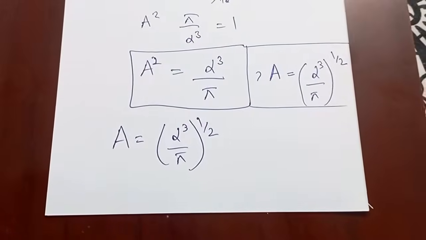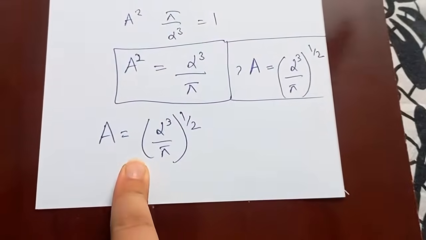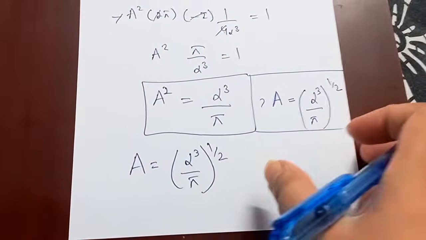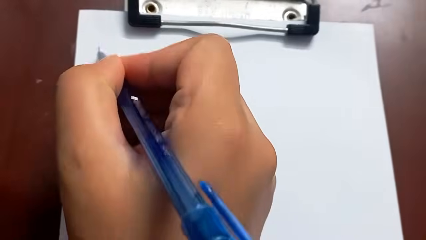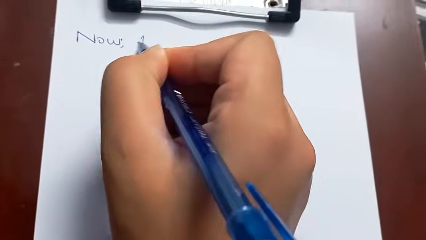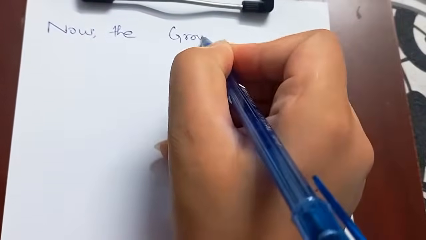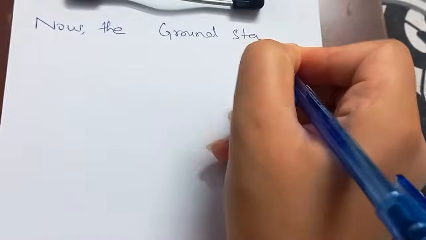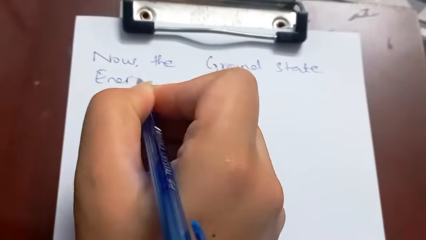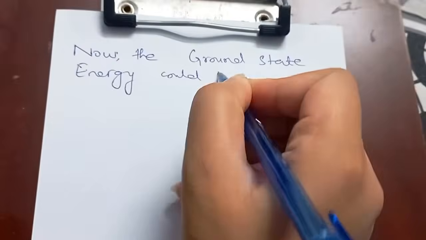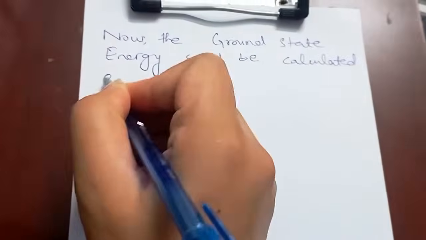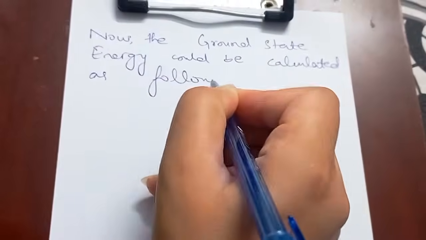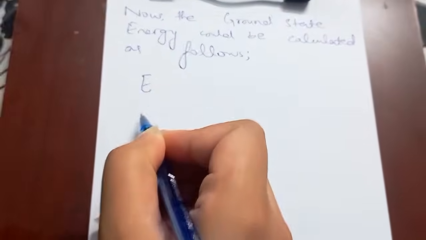And since we have calculated the normalization constant, now we can actually start the major process, which is the energy calculation process. And now the ground state energy could be calculated as follows. We have E naught.